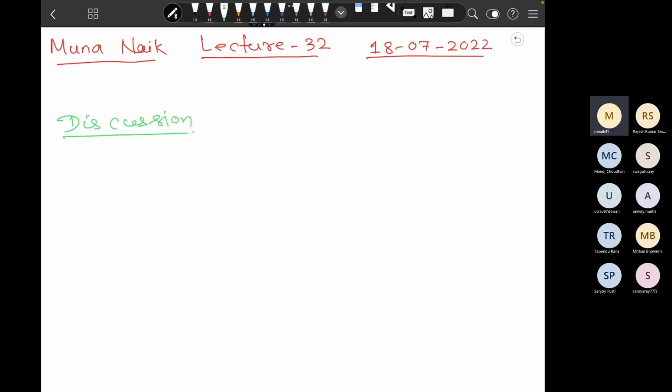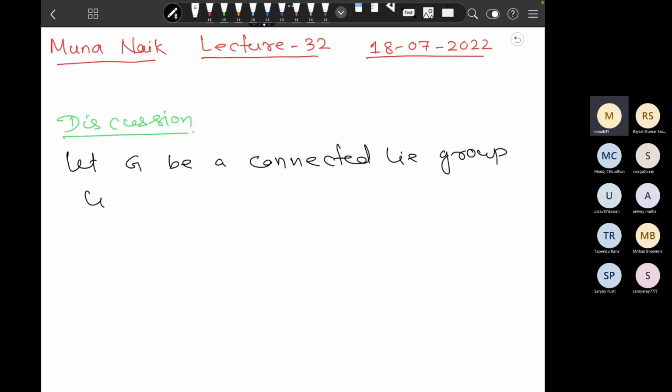So the thing is, suppose let G be a connected Lie group, with Lie algebra of G being 𝔤.